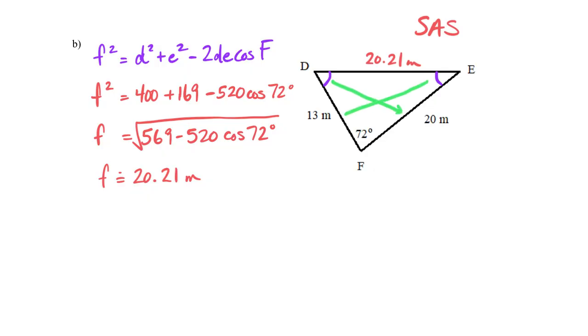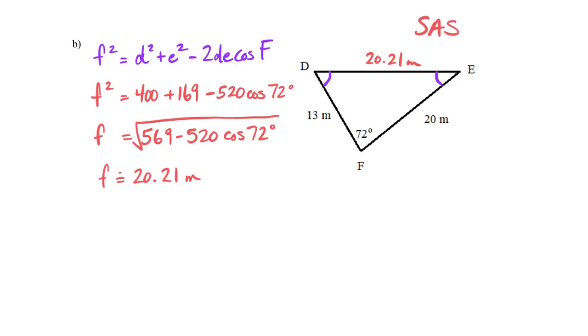Small angles give us small opposite sides. We can use the side lengths of D and E to dictate which angle has to be bigger. I'm hoping you notice that side E is smaller than side D, and therefore angle E has to be smaller than angle D. I'm finding angle E first.